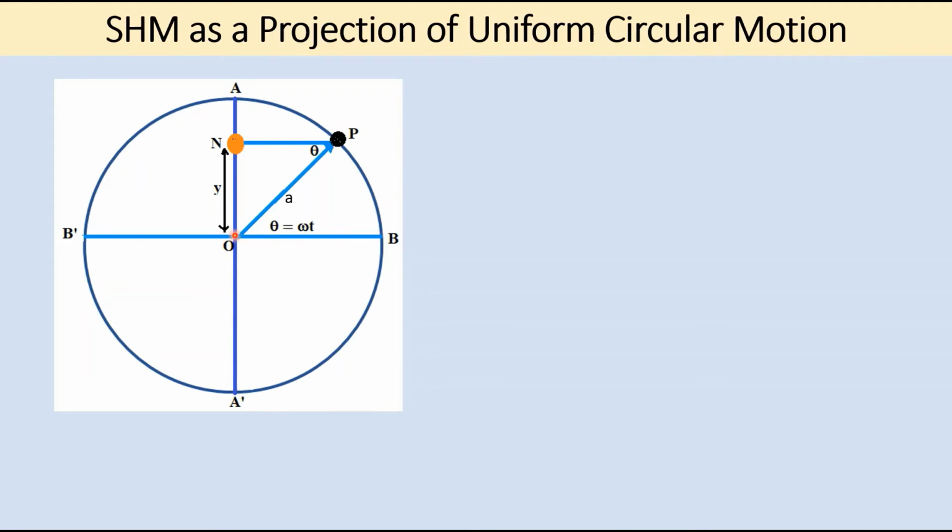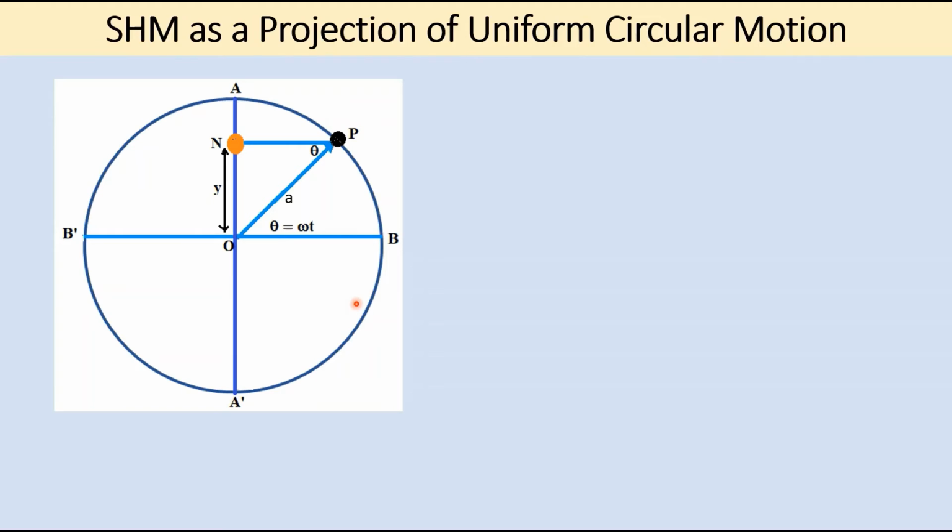So thus the foot N moves in a straight line to and fro about the point O. This straight line motion of N is the simple harmonic motion. The motion of N from O to A to A dash, and from A dash to O, is called one vibration.